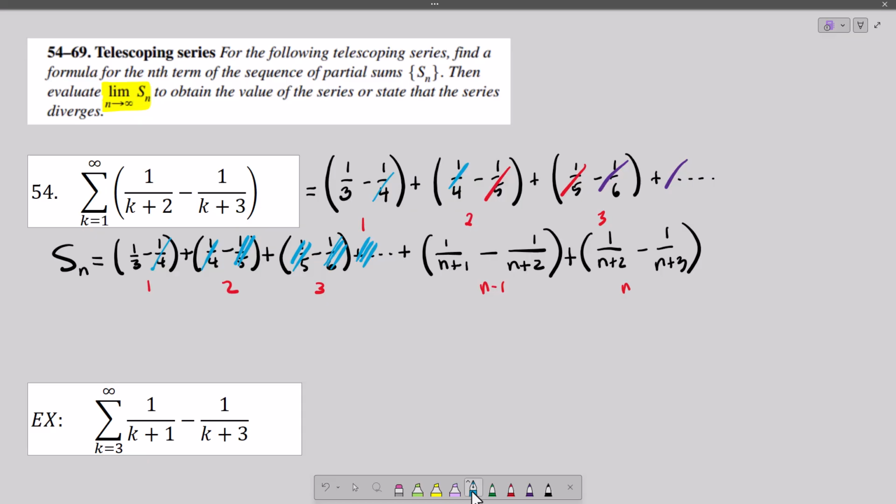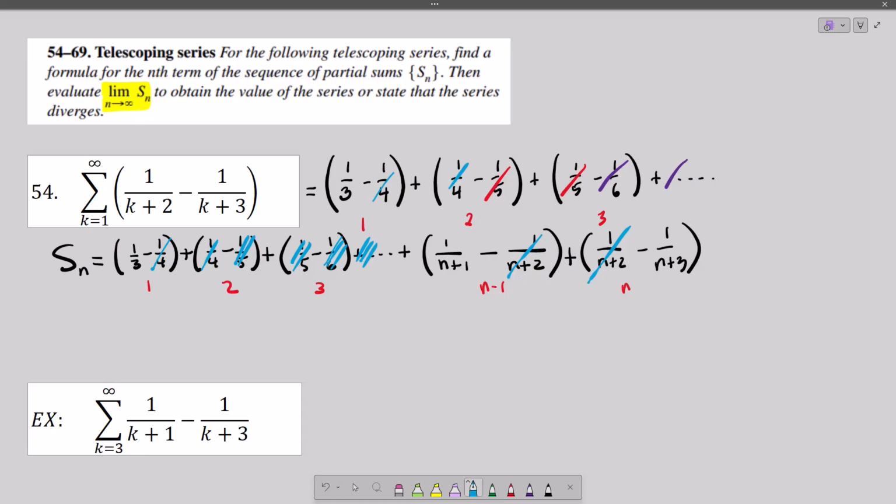If we change our perspective and we go to the left, if we start right here and go to the left, it's this first part that cancels with the second part of the prior. So going to the left, the first in this term cancels with the second of the prior.